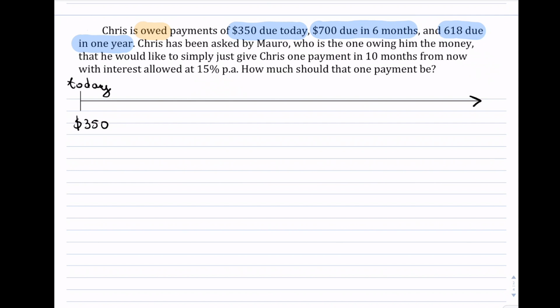And now, so that's this one. $700 is due in 6 months, and then $618 in 1 year. So I'm going to just draw here. So this is 6 months from today. And then this would be 1 year, which is, I guess, 12 months.